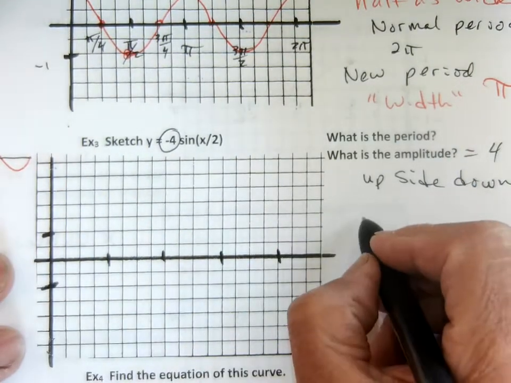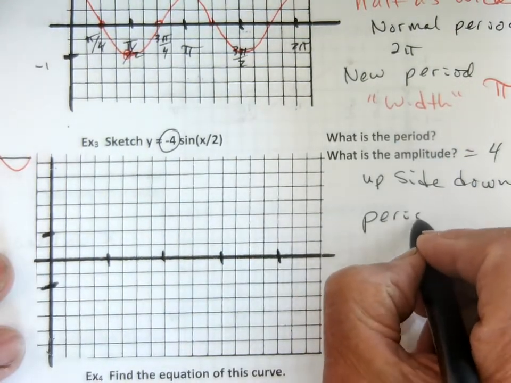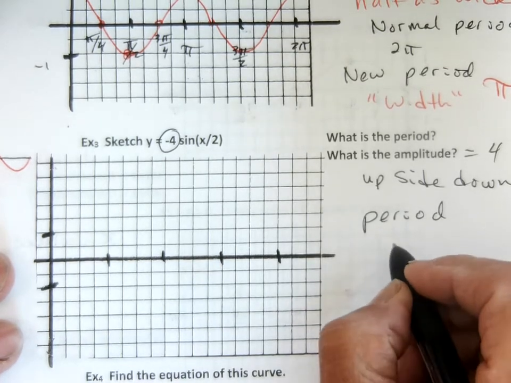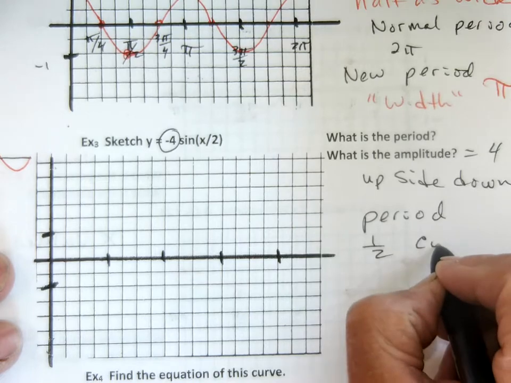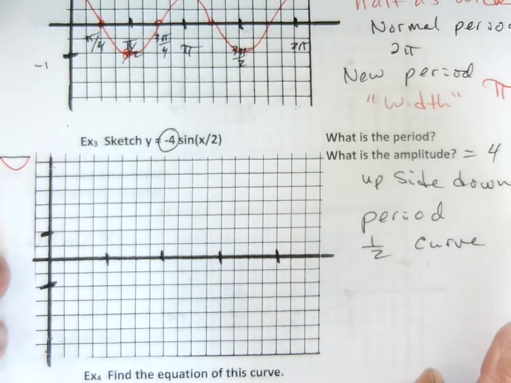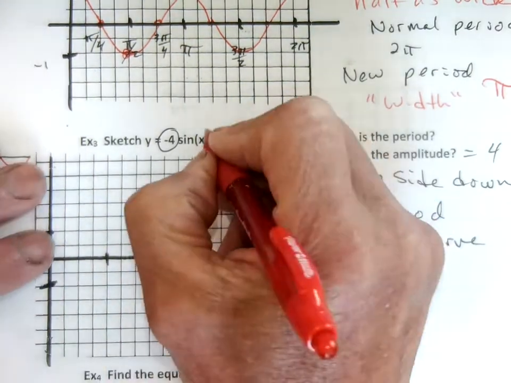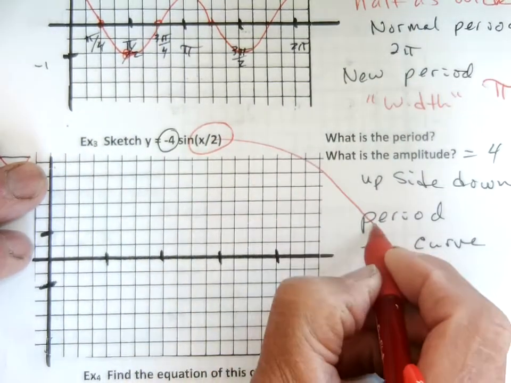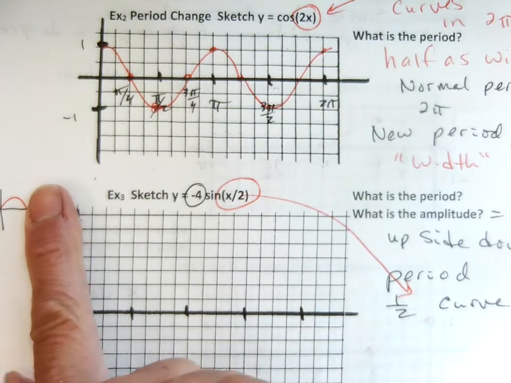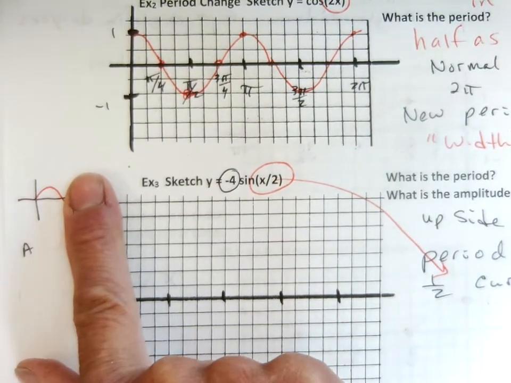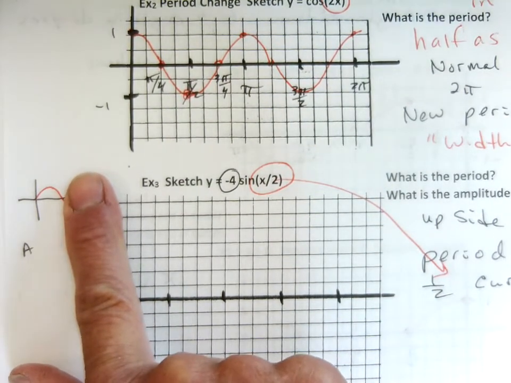And then its period is going to be kind of weird because we want half a curve. I get the half a curve from right here. I want half a curve, so I want just this much of it between 0 and 2 pi.